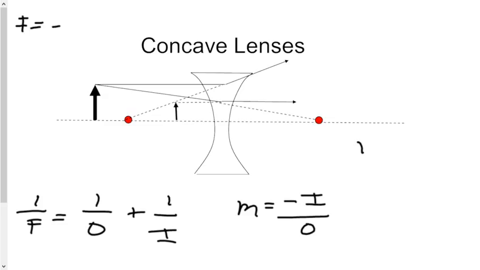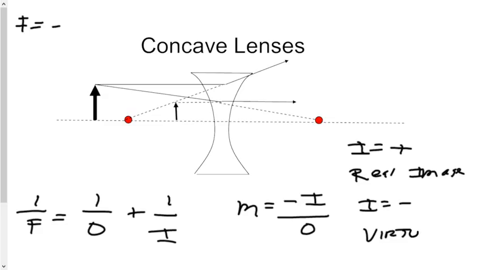Now remember, when image distance equals positive, you have a real image. When the image distance is equal to negative, you've got a virtual image. Now this will be true for mirrors and lenses, these equations.